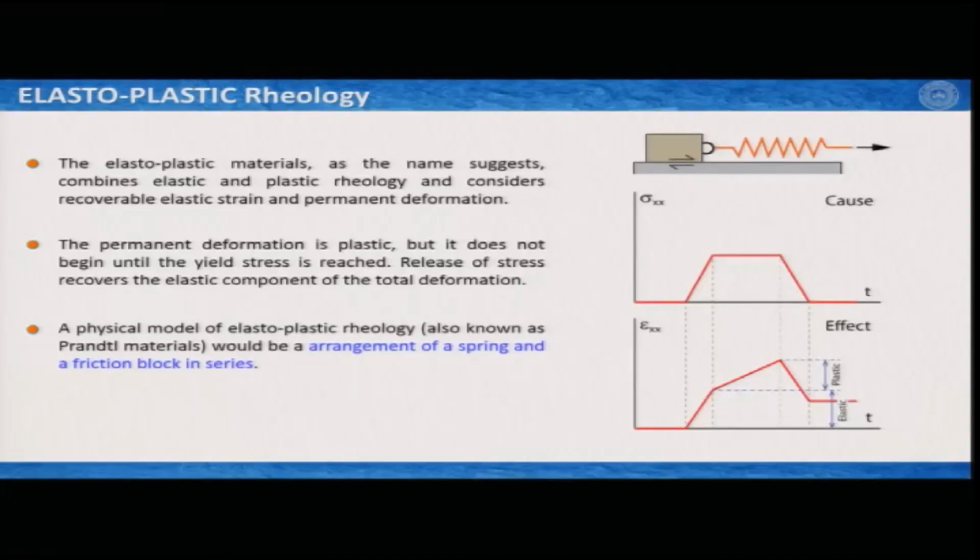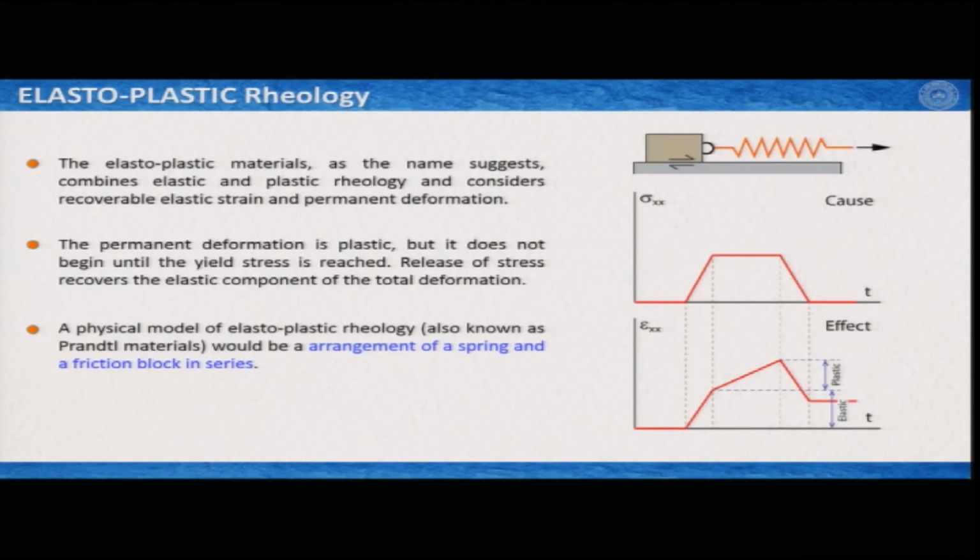As you can guess from the name, it combines an elastic element and a plastic element. So it considers recoverable elastic strain from the elastic element, but non-recoverable strain from the plastic element. Therefore, the total deformation is not recoverable. The permanent deformation, as I said, is plastic, but it does not begin until the yield stress is reached.